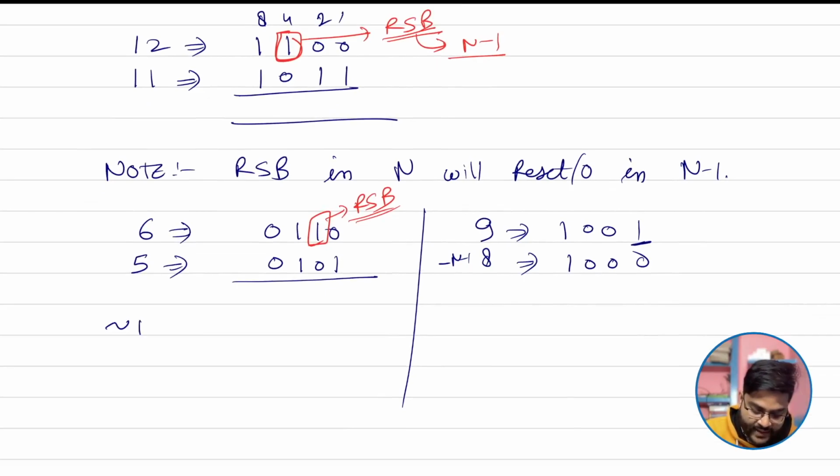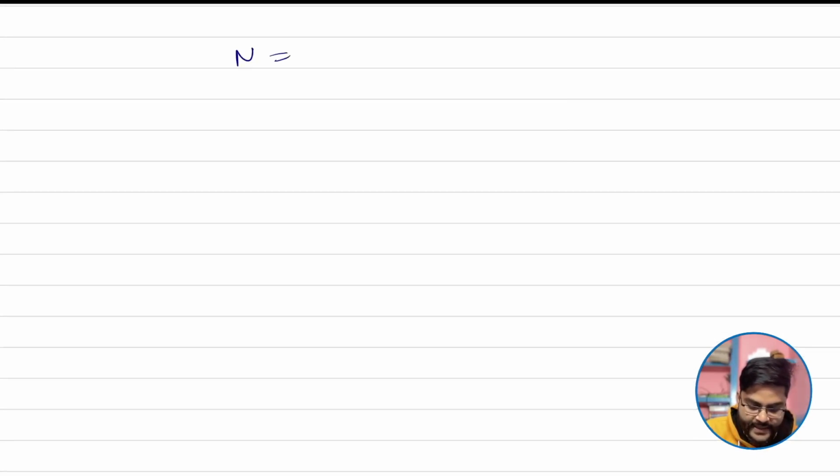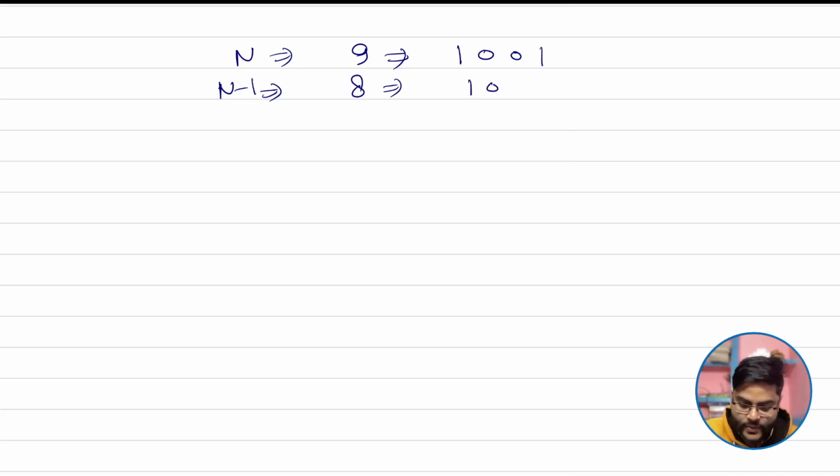So if I take the inversion of n minus 1, what will it do? It will again set my rightmost bit. So let's say my n is 9, which is 1001, and I'm taking n minus 1, which will be 8. 8 can be written as 1000.